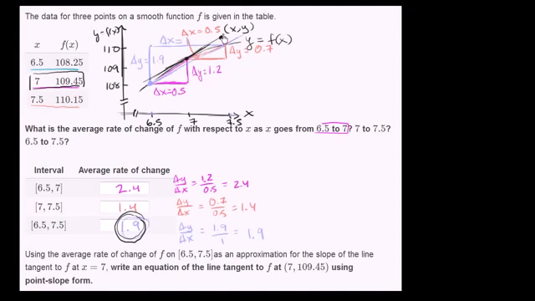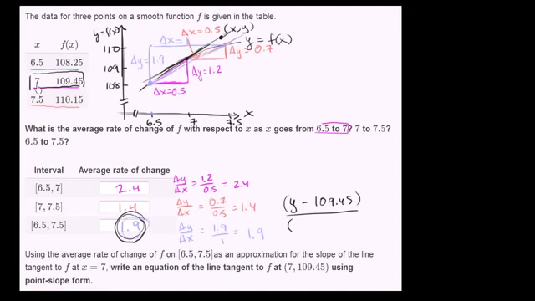So one way you could say is if you take an arbitrary point x, y on this line, you could say your change in y, so y minus 109.45, over your change in x.